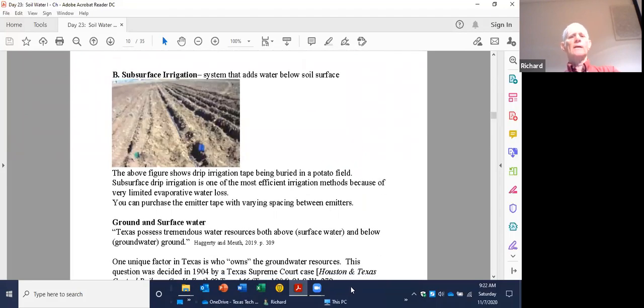We can also have subsurface irrigation. This is a system that adds water below the soil surface. The above figure shows drip irrigation tape being buried into a potato field. Years ago, I did potato research with subsurface drip irrigation. We put the emitter lines down with the seed piece and then buried them back up so we could irrigate the potatoes.